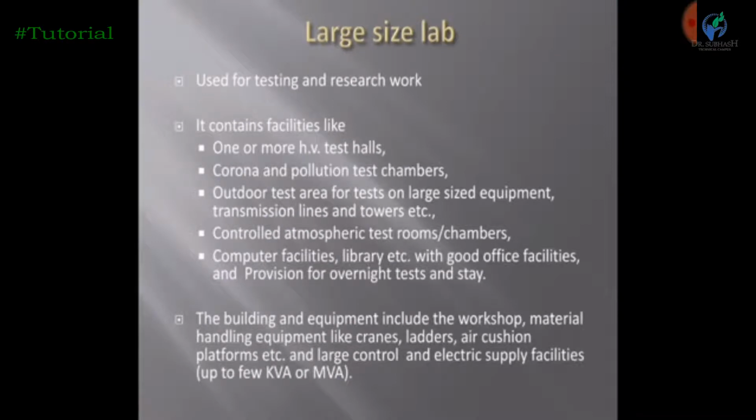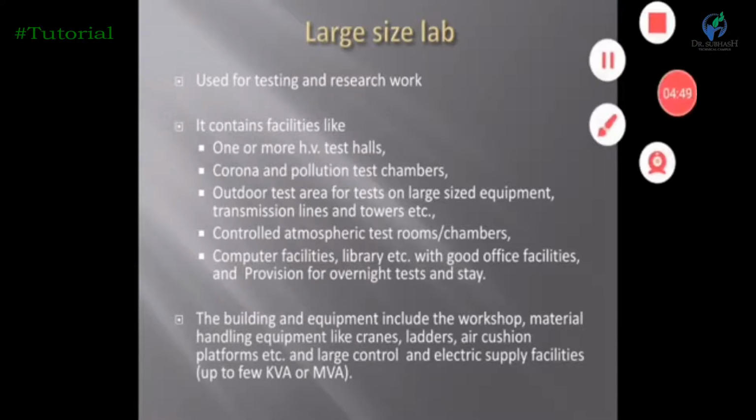Now, the large size lab. It is used for testing and research work. It contains facilities like one or more HV test halls, corona and pollution test chambers, and an outdoor test area for tests on large sized equipment, transmission lines and towers, etc. Controlled atmospheric test rooms.